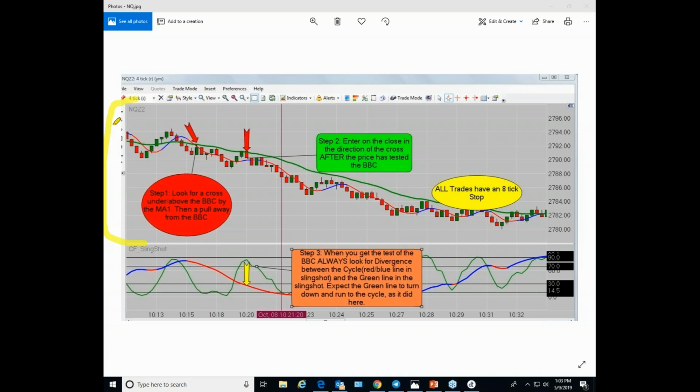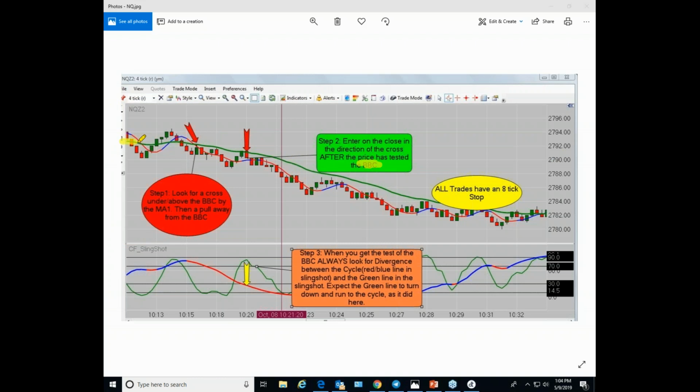Okay. Top portion of the chart, some buzzwords. The red and blue line is referred to as the MA1. Nothing really fancy about it. The green line is referred to as the BBC. The BBC is short for bullish, bearish cross.